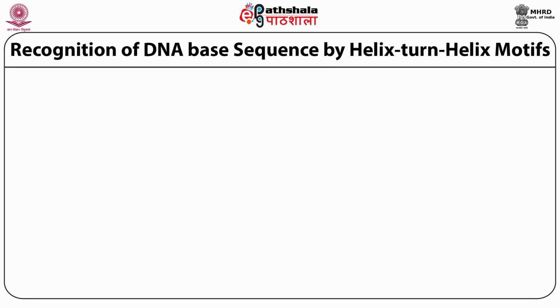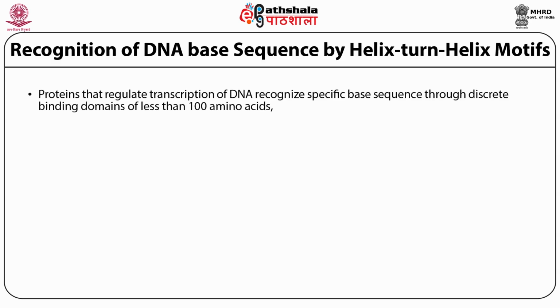Recognition of these DNA base sequences is by helix-turn-helix motifs. Many of the DNA-binding proteins have helix-turn-helix motifs. The proteins that regulate transcription of DNA recognize DNA base sequences through discrete binding domains of less than 100 amino acids.